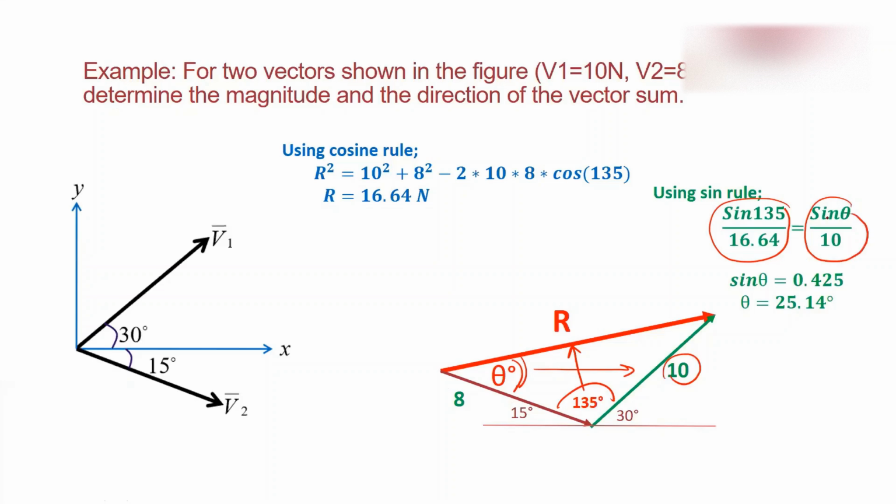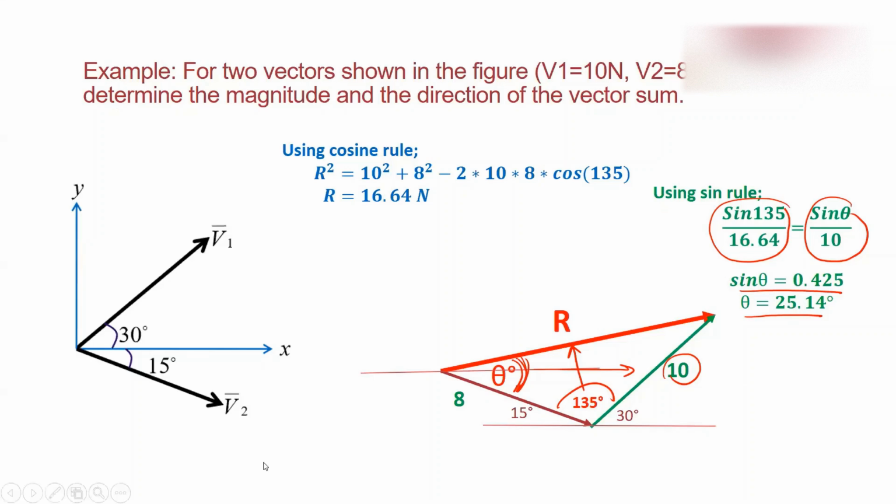Now I rearrange this equation and make sine theta the subject. Then I find theta by taking the sine inverse. So theta is 25.14. But theta is the angle which is making with this V2.